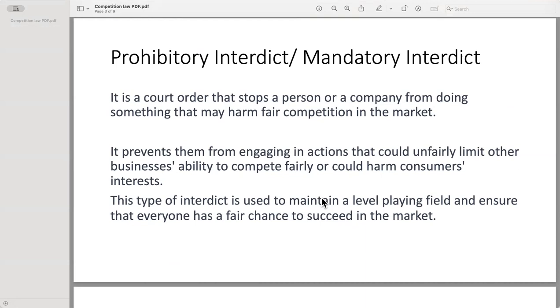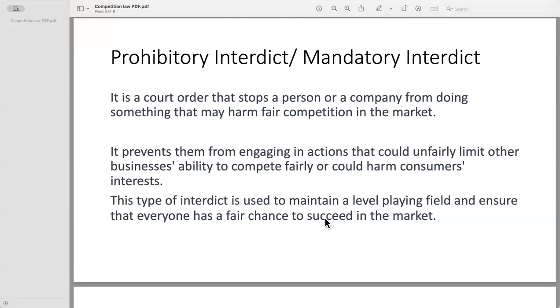That will be damaging to the name or the reputation of my business. So I can approach a court and apply for a prohibitory interdict that will stop them from spreading such rumors.